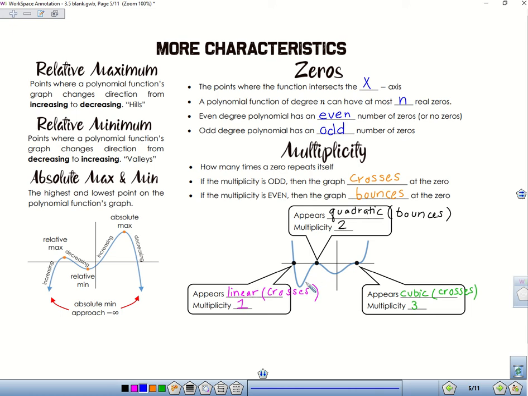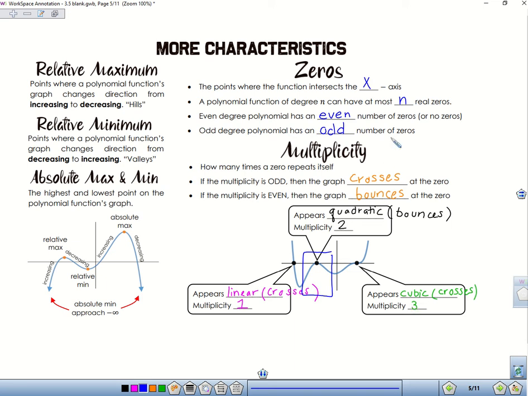So instead of the equation going directly through the zero, see how it bends at that zero and kind of bends back around like that? It doesn't actually go through the point on the x-axis, it just hits it and curves around. You guys see that? In this little section of the graph, it has the appearance of a quadratic. If we look at it zoomed in, it looks like a quadratic equation.